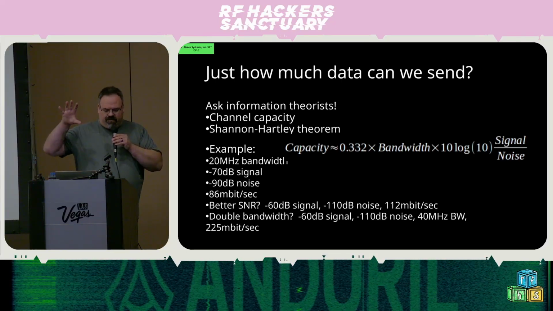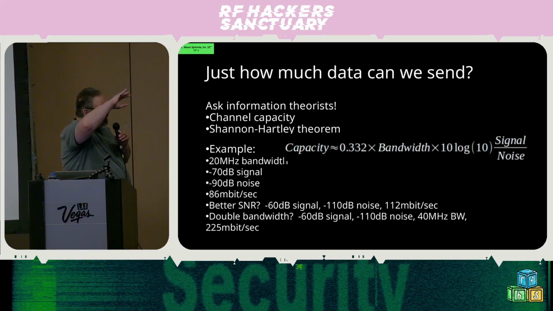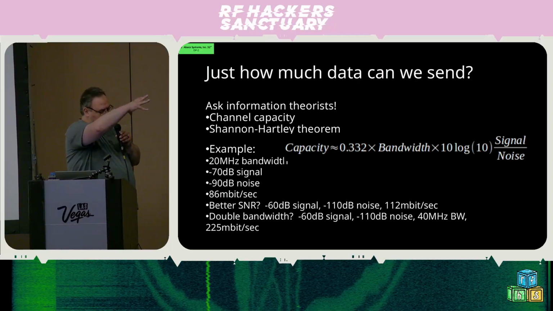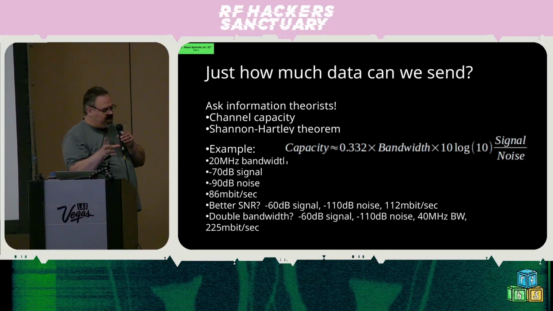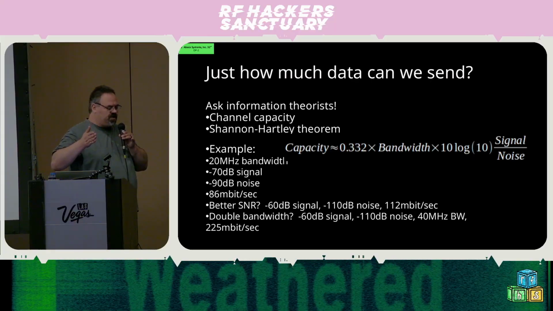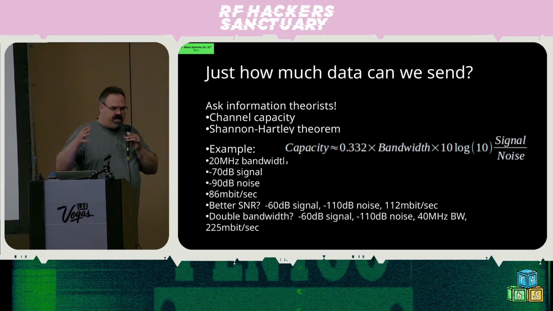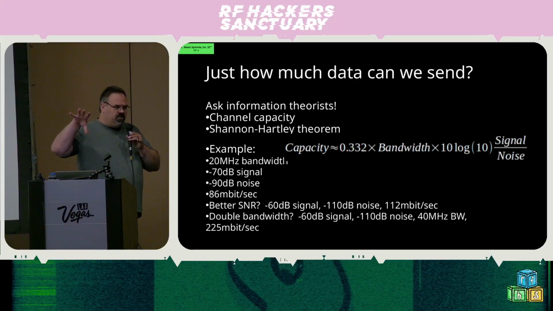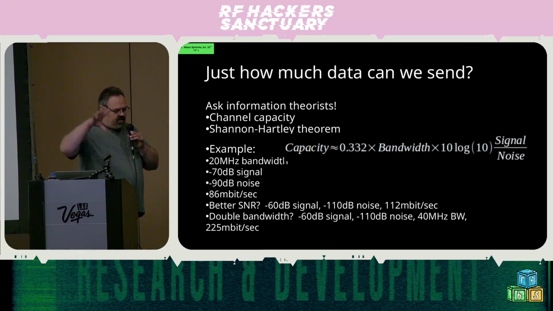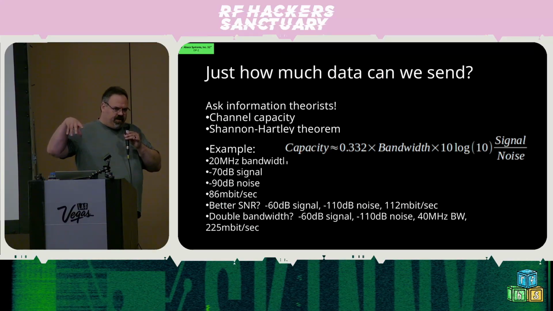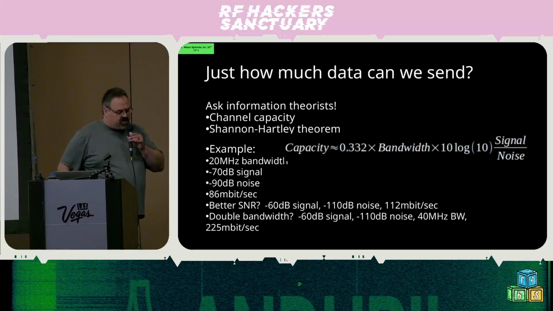And basically you have a constant times the width of the band that you're transmitting in. So say a 10 megahertz wide chunk of spectrum times 10 log 10 of the signal to noise ratio in decibels. And the decibels cancel out because that's what math does.